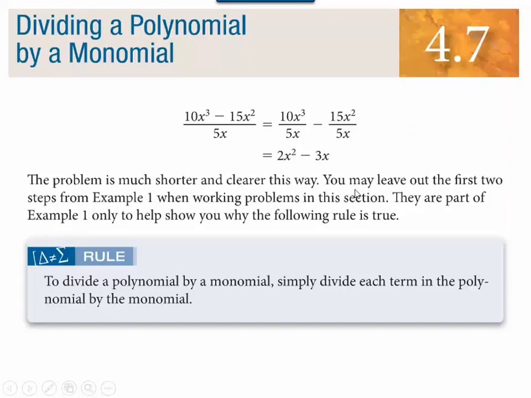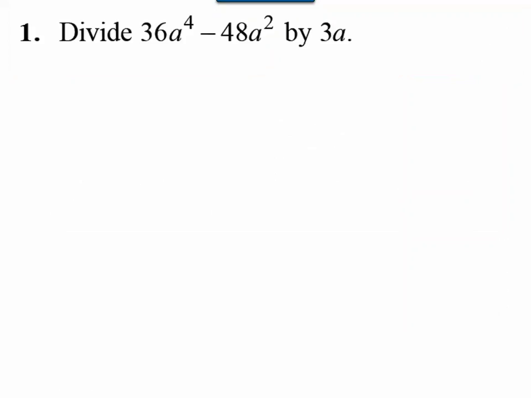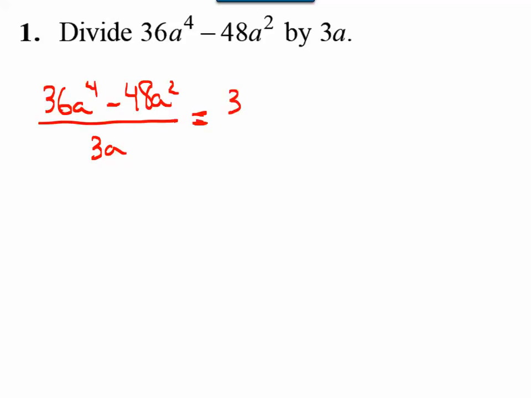Of course, I'm going to make it a little bit more complicated than just the example problem. So let's divide 36a to the 4th minus 48a squared, all that divided by 3a. So it would technically look like this at first. We split off the 3a for each one of those. So 36a to the 4th over 3a on the bottom.